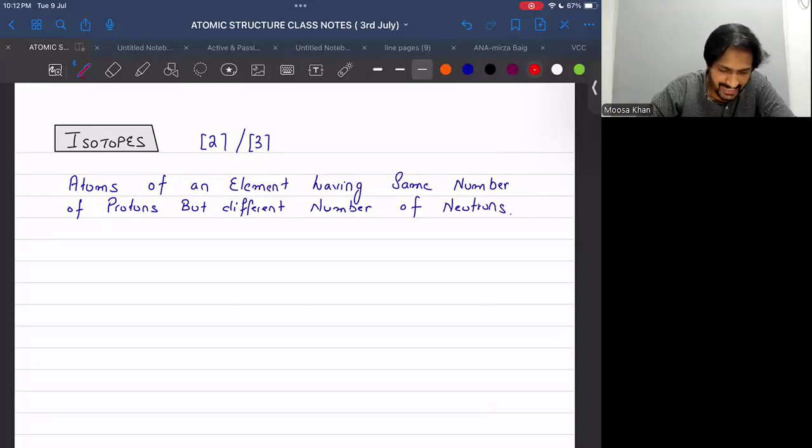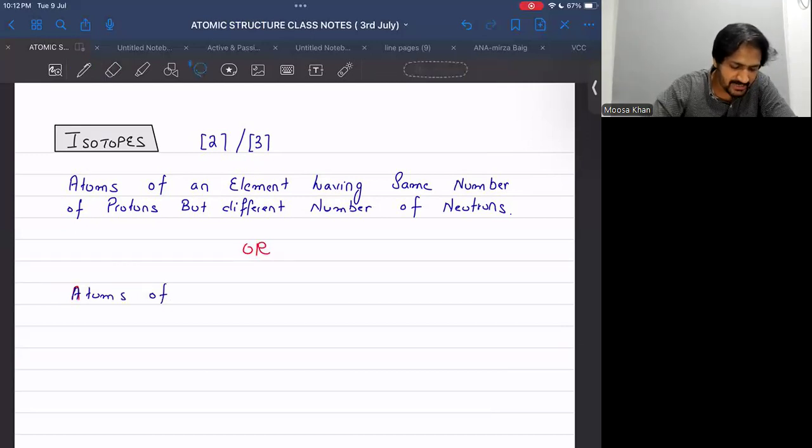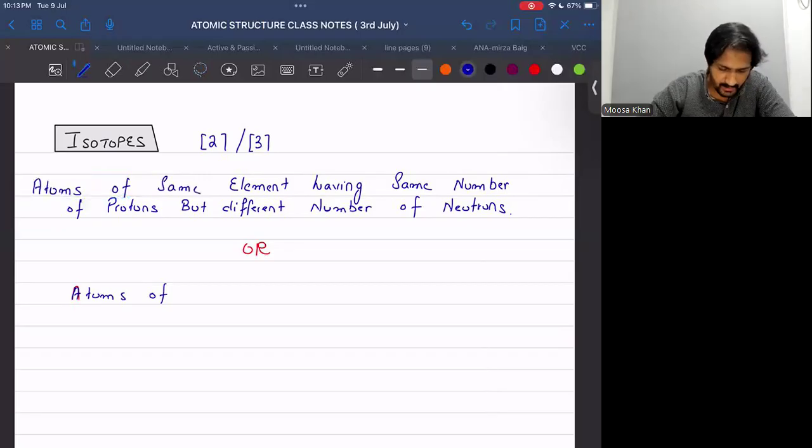Or we can also write the definition with other wordings. Both are acceptable. You can also write this definition as atoms of, instead of writing of an element, it's better you write atoms of the same element. Let's write atoms of same element.